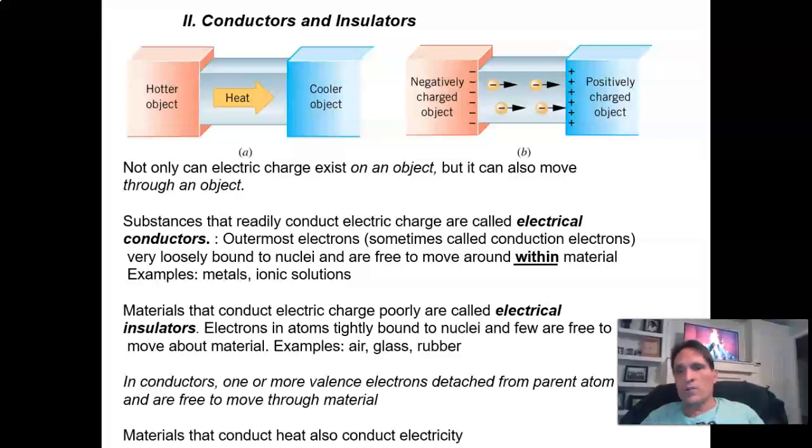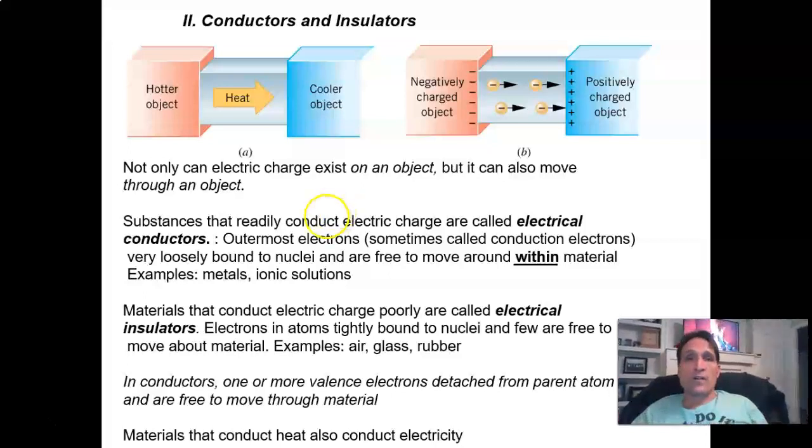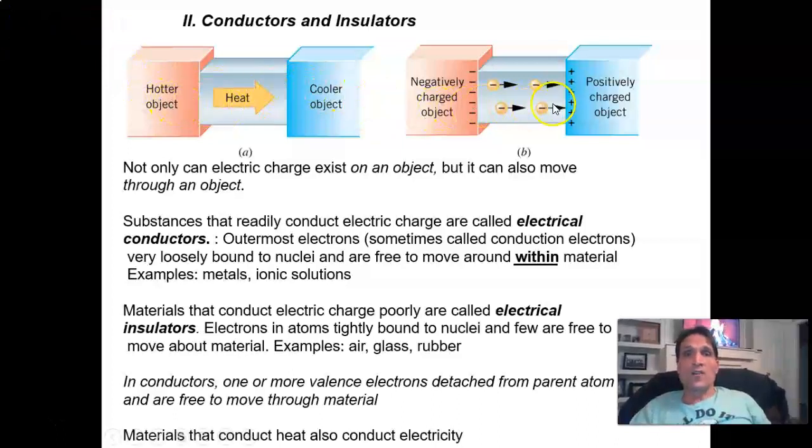And so there are 2 general classes of materials. The first type of materials are what are called electrical conductors. And electrical conductors are metals and ionic solutions. These are where electrons are free to move throughout the material and conduct electricity. And it turns out that the same materials that are good conductors of heat, namely metals, are good conductors of electricity.